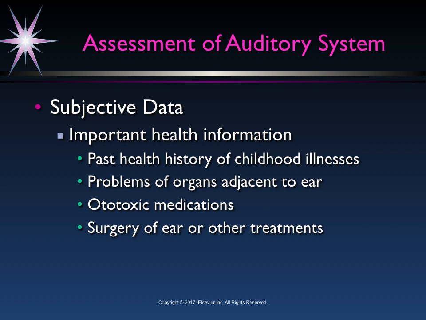Have they been on any ototoxic medications? Have they ever had draining of their ears? Did they have measles, mumps, or scarlet fever as a child? We want to know about past auditory tests, if there are other family members that have hearing loss, because often hearing loss is a congenital disorder.